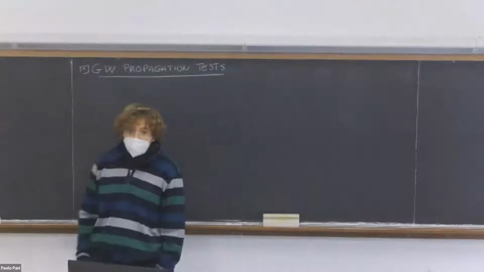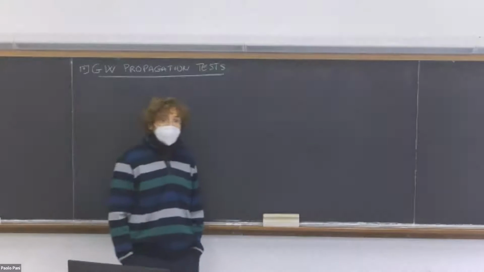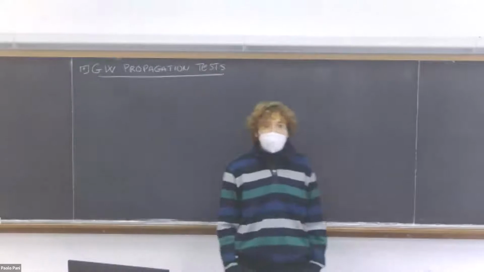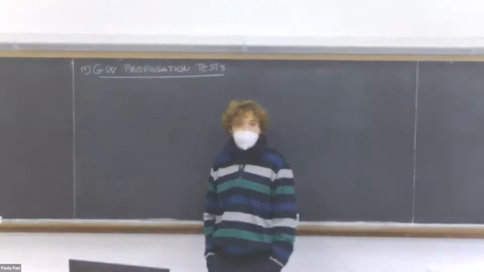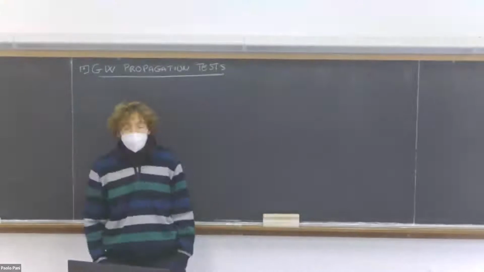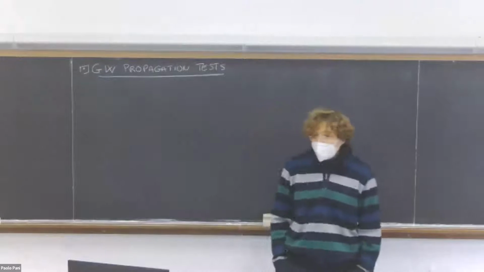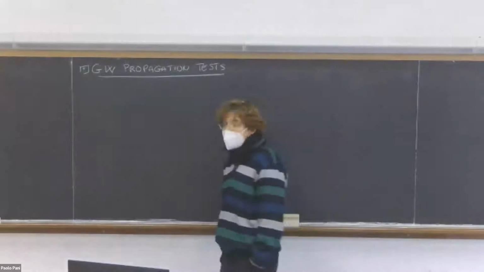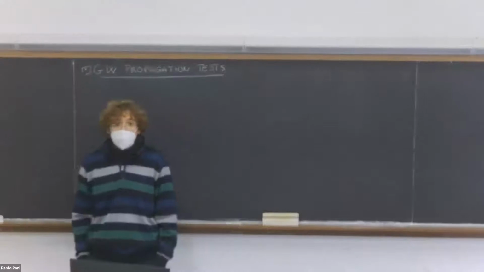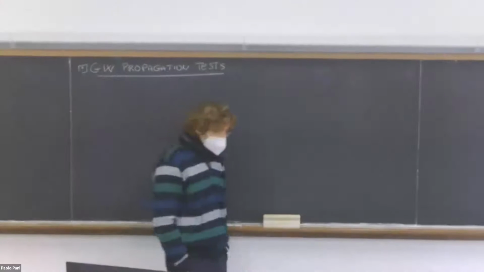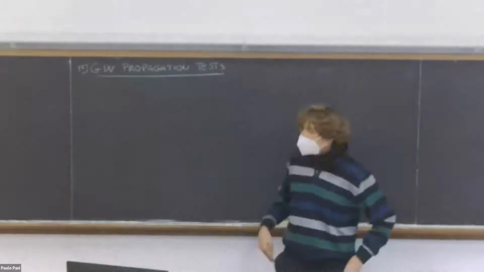Everything I said yesterday was about how gravitational waves are generated differently in different theories of gravity, or if the objects are not the standard black holes of general relativity. But there is also another possibility: besides different generation, the propagation of gravitational waves might also change in alternative theories of gravity.